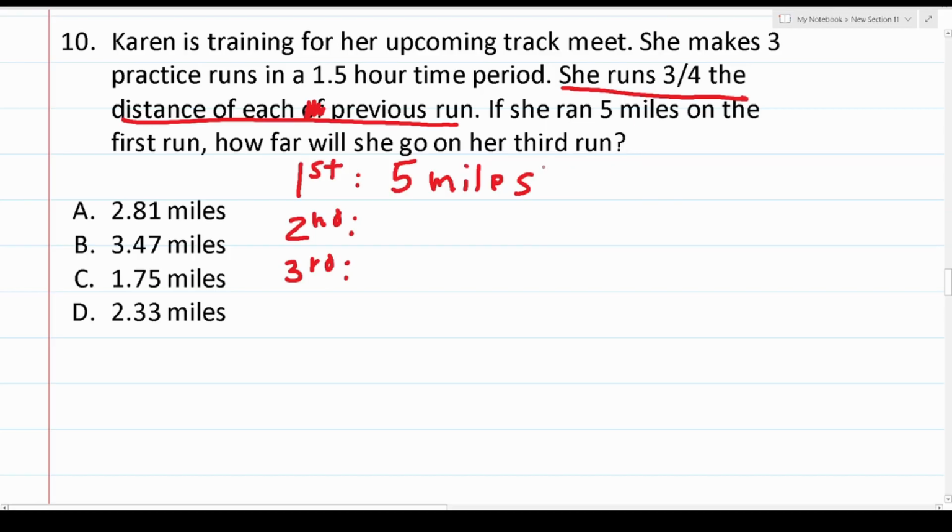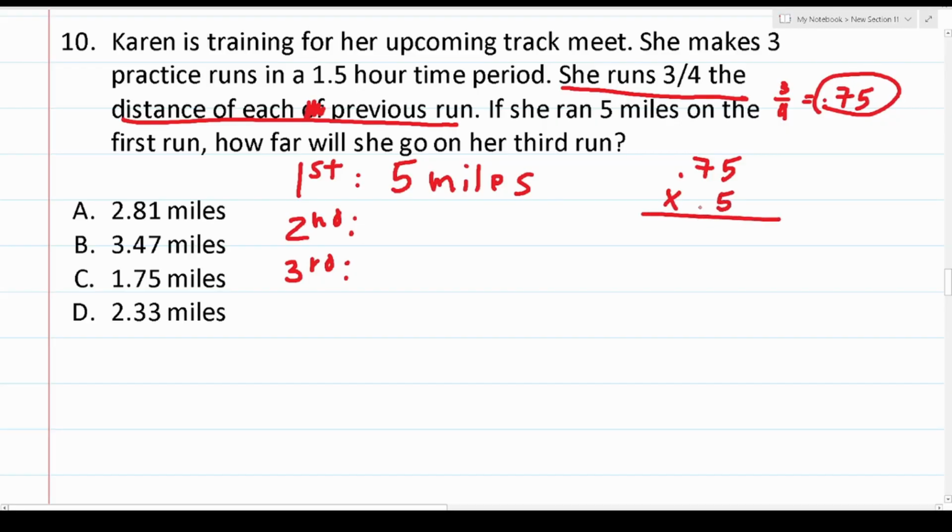Again, you would multiply 5 by 3/4 if you want to work with fractions. But again, you should know that 3/4 is the same as 0.75. And since we're working with decimals a lot today, let's just keep that trend going. So to go from her first run to the amount she ran on her second run, I'm going to take 0.75 and multiply it by 5.